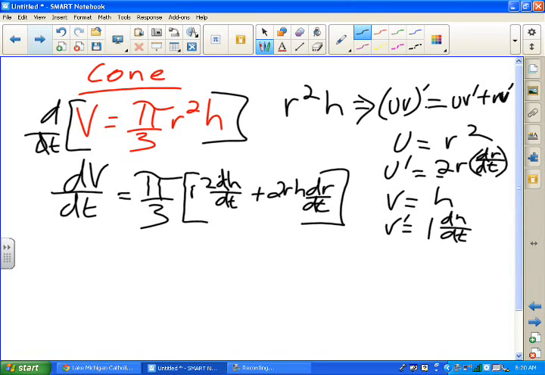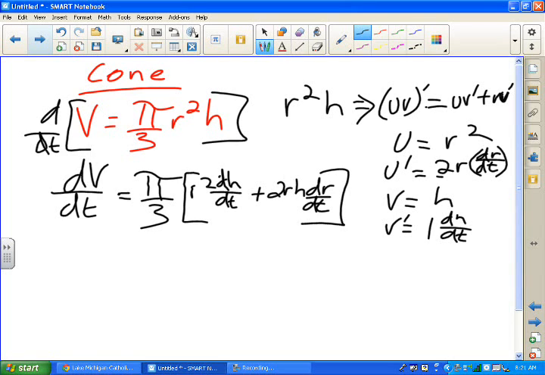Now, it makes sense that the change in volume of the cone would be related to the change in the height and the change in the radius. If one changes, both change, or none of them change with regards to the height and the radius, then obviously that'll have an impact on the rate of change of the volume. So dV/dt is the change in volume, dh/dt is the change in height, and dr/dt is the change in radius.